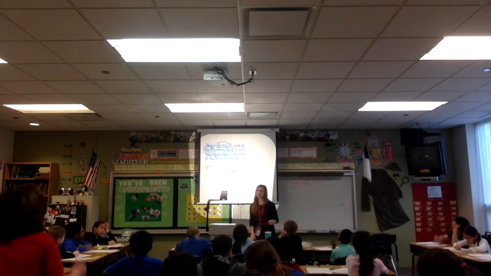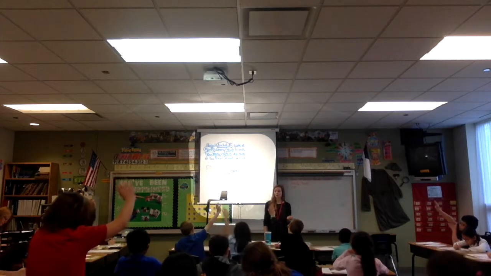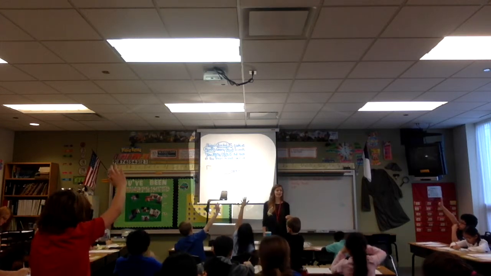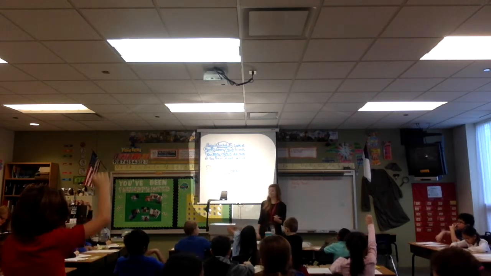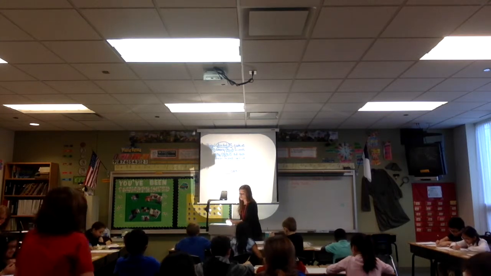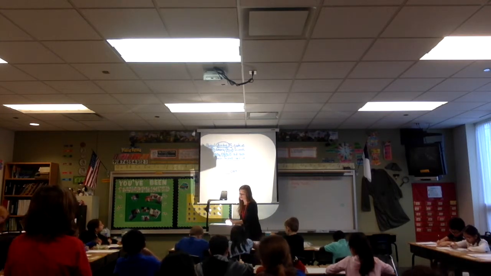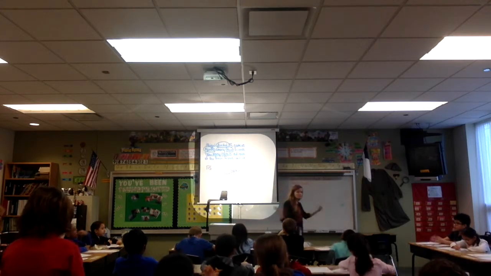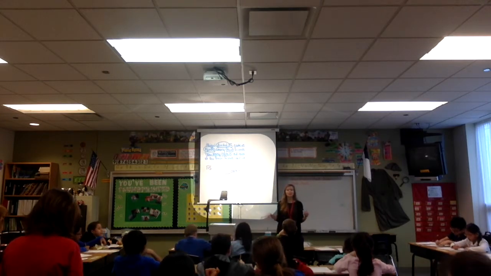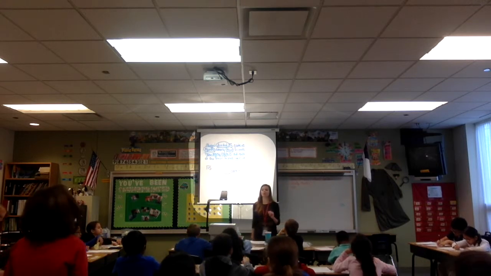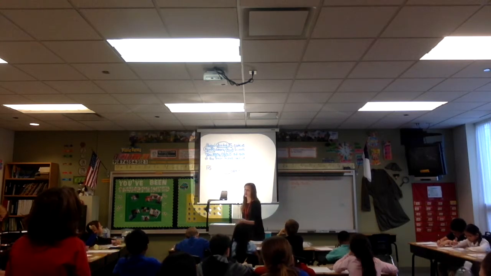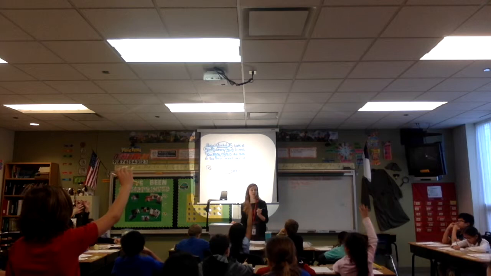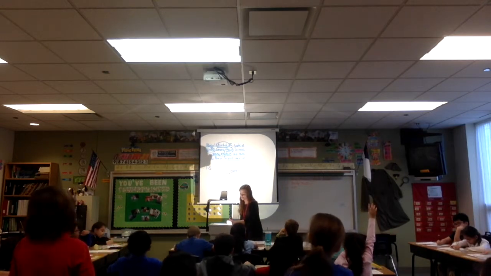What goes inside our division box? What are we dividing, Doran? 15. We have 15 cookies. So we have to split up 15 cookies amongst 3 people. So what goes right here? What goes on the outside of the box, Joshua? 3.